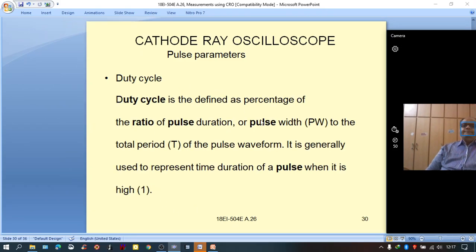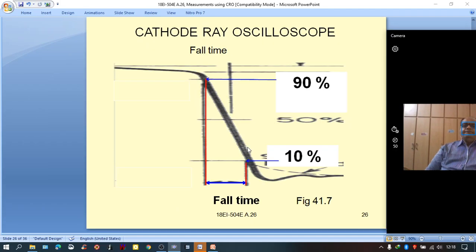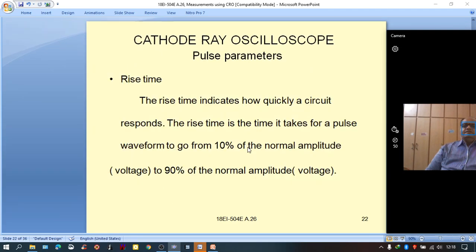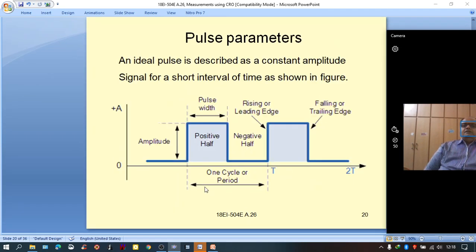Duty cycle. Duty cycle is defined as the percentage of the ratio of pulse duration or pulse width to the total time period of the pulse waveform. It is generally used to represent the duration of the pulse when it is high. Just look at this waveform. Duty cycle is, this is on time and this is the total time.